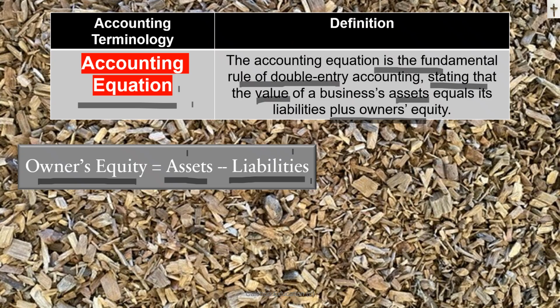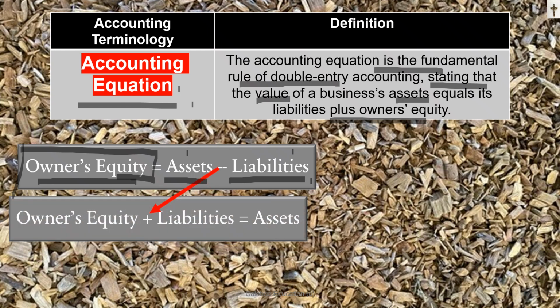Now, if I change the subject of the formula, I do a little bit of maths here. At the moment, owner's equity is the subject of the formula. You know a little bit of maths. And I take the liabilities to the left-hand side. The sign will change from a minus to a plus.